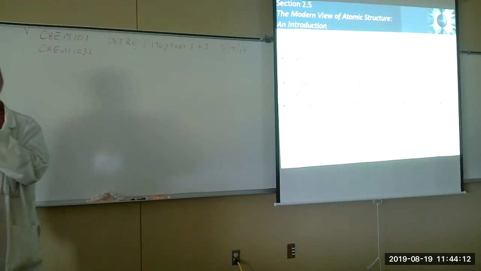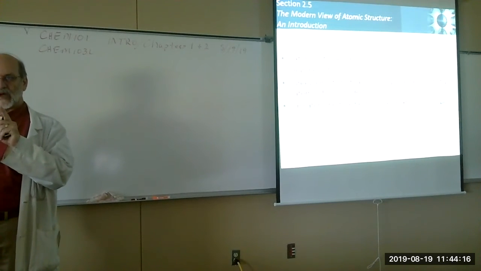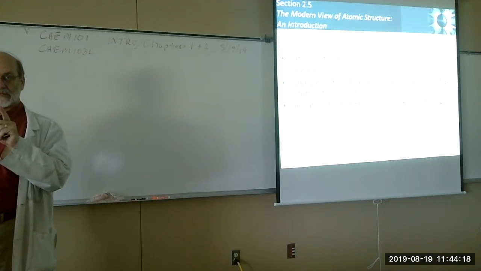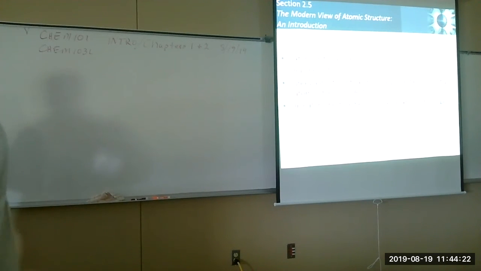What do you need to define an element? The number of protons. If you change the number of protons, you get a different element. So hydrogen has 1 proton. If you change that to 2 protons, you get helium. So anytime you change the number of protons, you get a different element.